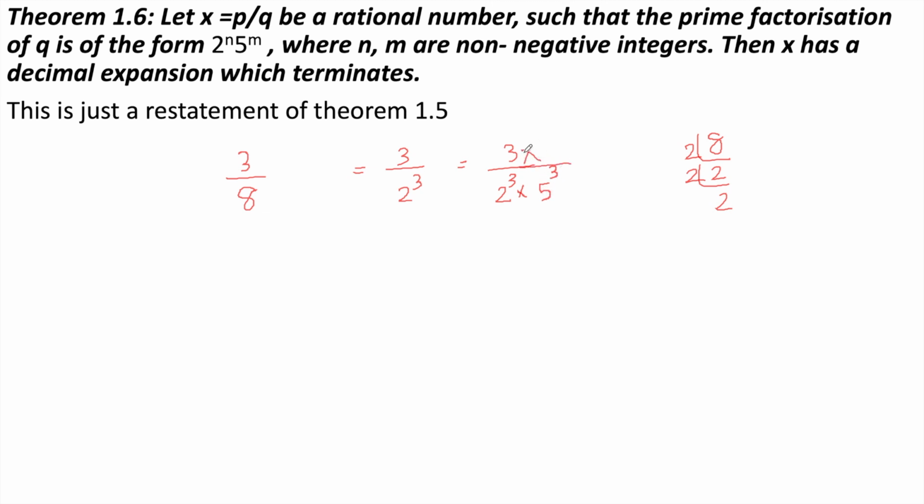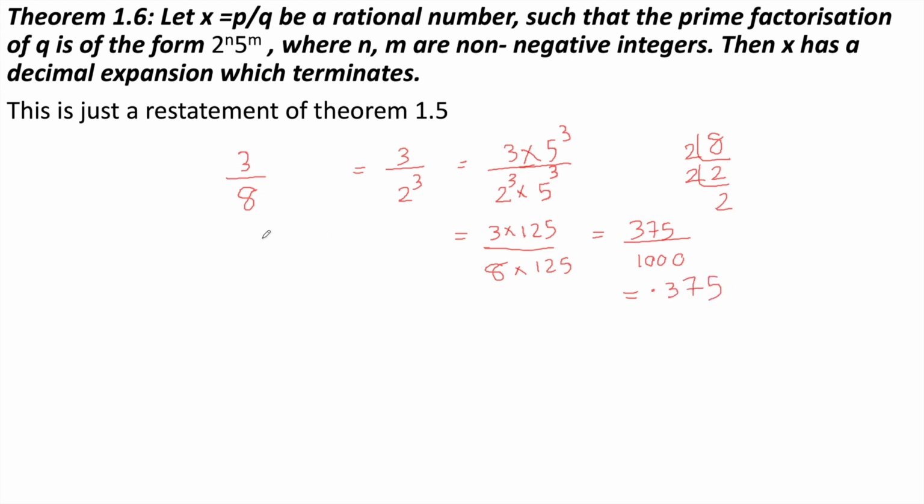To balance, I should multiply the numerator also with 5 raised to 3. Then 3 into 5 raised to 3 is 375, and the denominator 2 raised to 3 into 5 raised to 3 is 1000. It is a power of 10 now. So we can conclude it has a terminating decimal expansion.